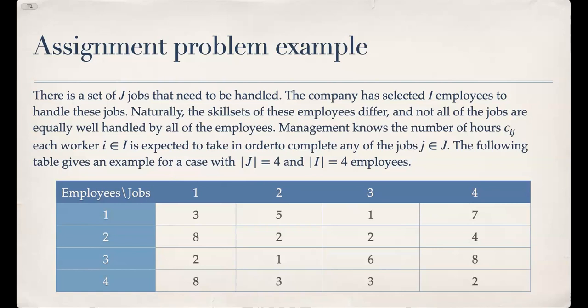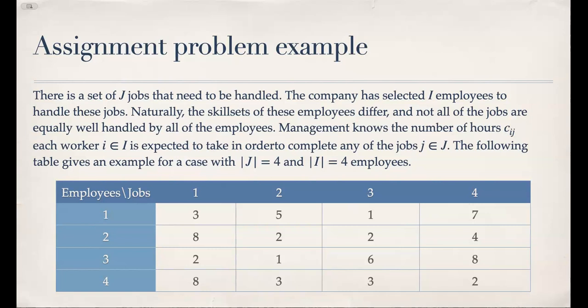Naturally, the skill sets of these employees differ, and not all of the jobs are equally well handled by all of the employees. Everyone's different. Management knows the number of hours c_ij each worker is expected to take to complete any of the jobs.